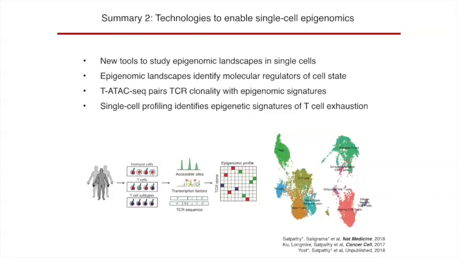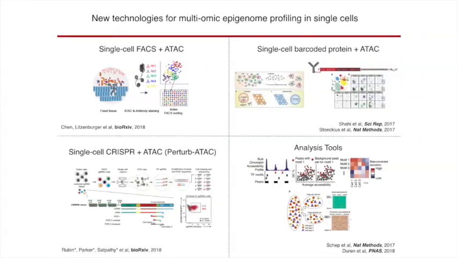You can zoom out and do the same transcription factor analysis that I walked you through, and you can find the unique activity of certain transcription factors like NFAT half sites that have been shown by other groups. Okay, so in this section, I'm trying to give you a sense that we can now do this at single cell scale, right? And that we can pair that with orthogonal information about the cell, like TCR sequence.